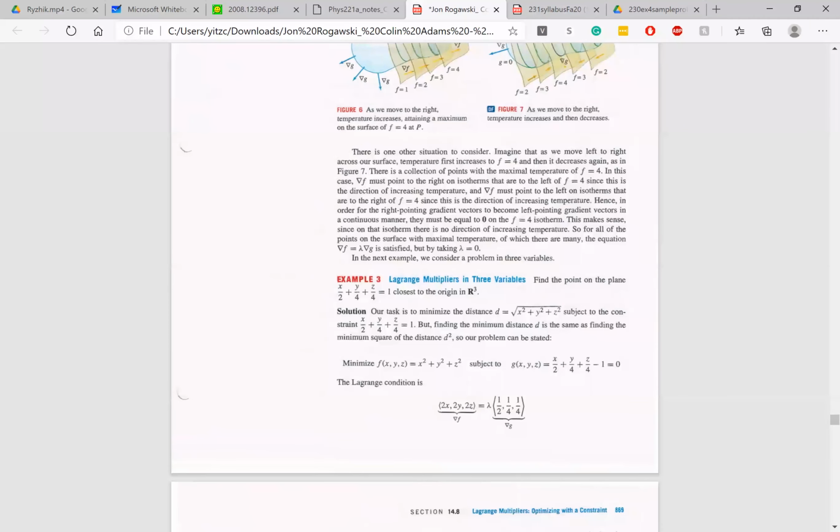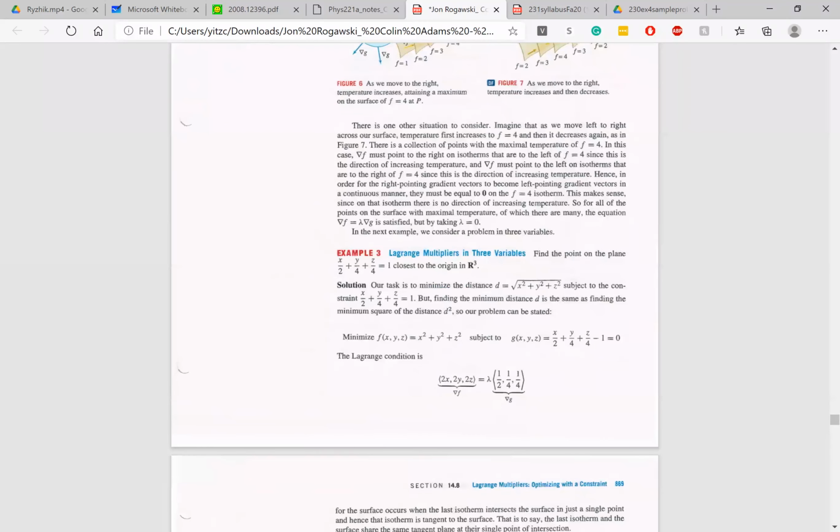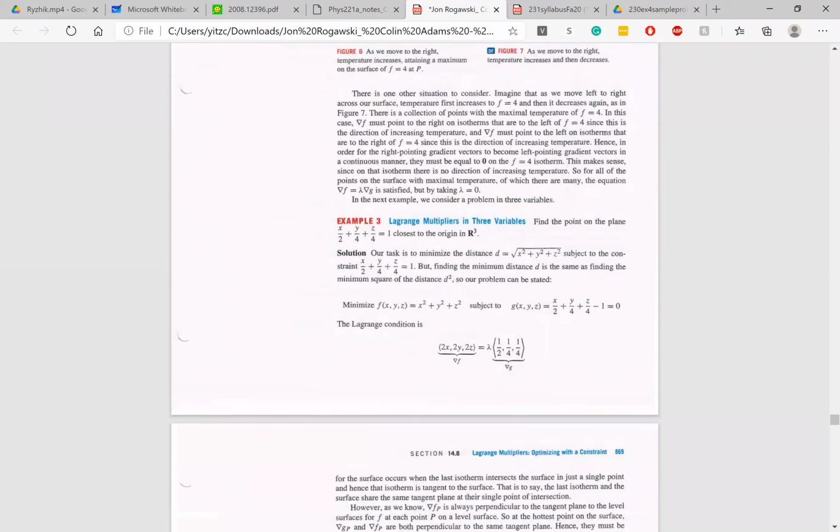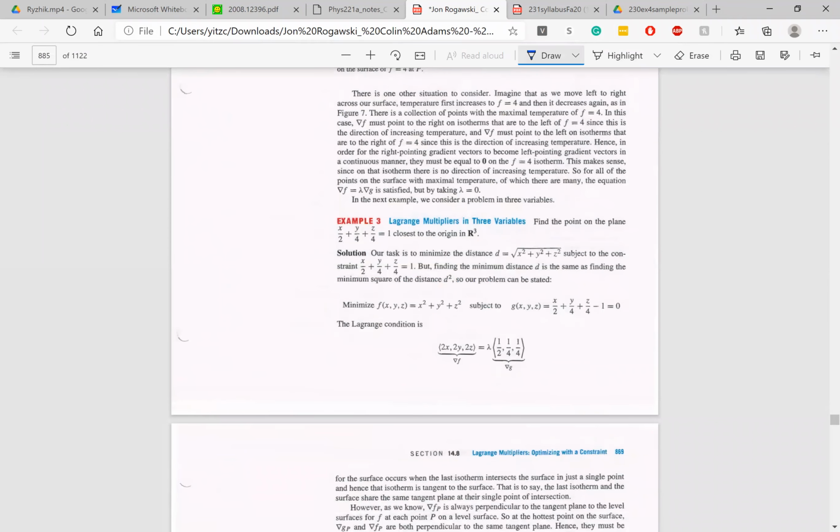So that's the square root of x squared plus y squared plus z squared. So we want to minimize our f, which would be x squared plus y squared plus z squared. And we then have our g. We take the gradient on both sides, which would be the same as, so now our function is x, y, z. Sorry.